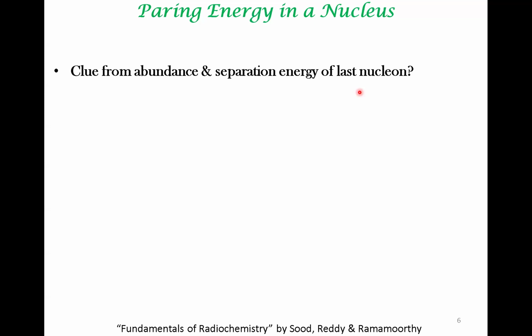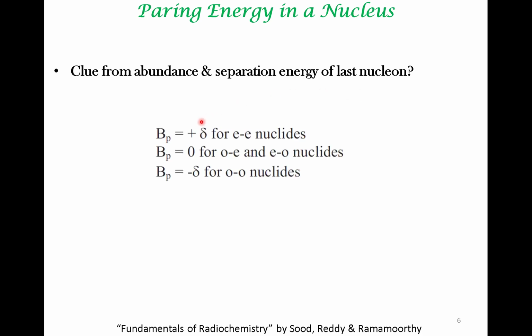That is, if you have a neutron, it likes to be paired up with another neutron with a different spin. Likewise, if you have a proton, it likes to be paired up with another proton of different spin, right? So this feature can also be incorporated into our model for binding energy. Therefore, the binding energy increases if you have even-even nuclei. It is 0 for odd-even or even-odd nuclides. It is destabilizing if you have odd-odd nuclides.